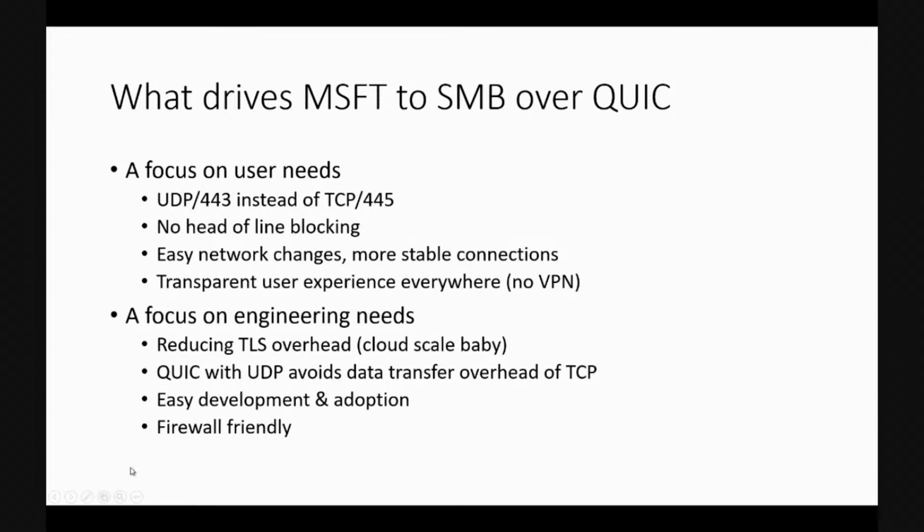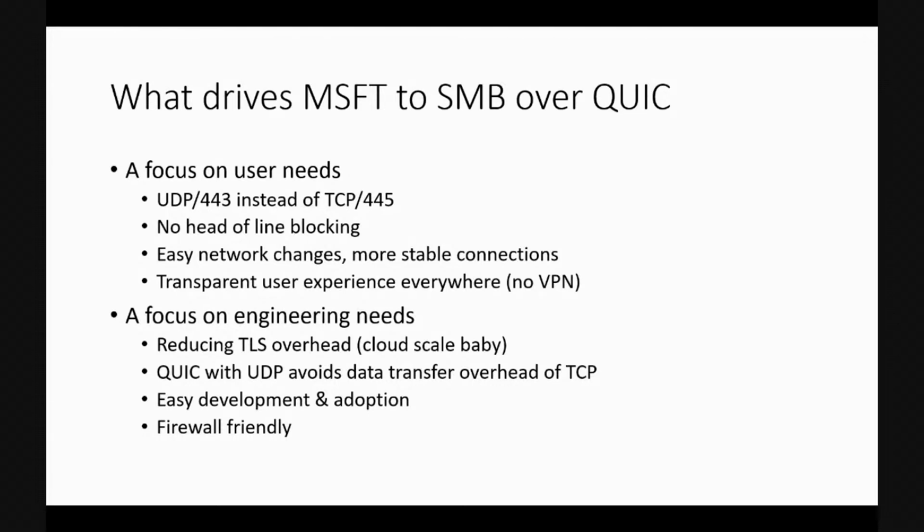And then from the engineering side of things, reducing the TLS overhead for cloud scalers is of major importance. Getting rid of the overhead of TCP is also a very interesting thing to do. And we are seeing that more and more, because TCP is what it is. It's not going to be changed dramatically, because it's used so much all over the place that changing it would be, well, a high risk choice, and it probably will never happen.